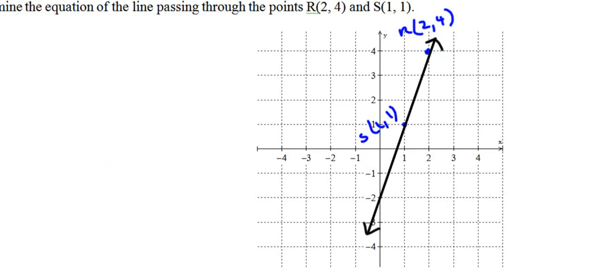So we can draw our triangle. We know these 2 points are nice ones, so we'll use them. And let's go down from here and go left. So if I'm going down from there, my slope, m, is going to be 1, 2, 3. So I'm going down 3. So that's negative 3.